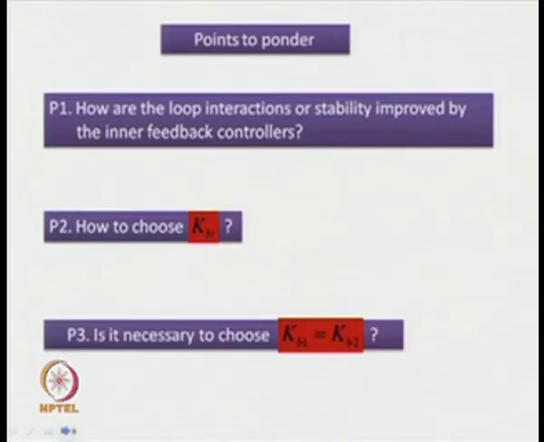Now, certain points to ponder on this TITO system control. The first point could be: how are the loop interactions or stability improved by the inner feedback controllers? Inner feedback controllers enable us to place the poles of the loops at some desired locations.